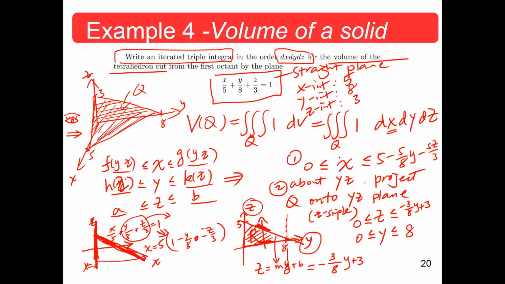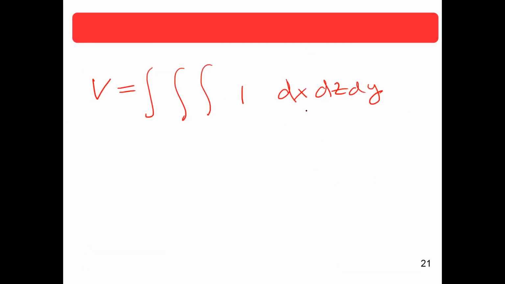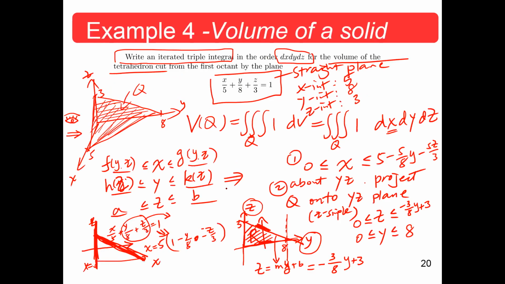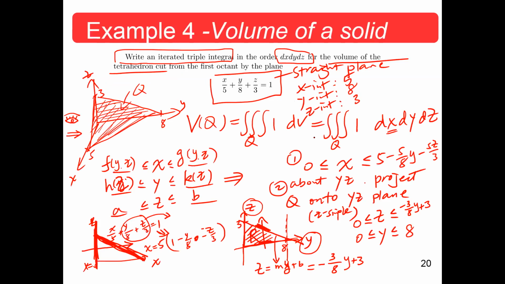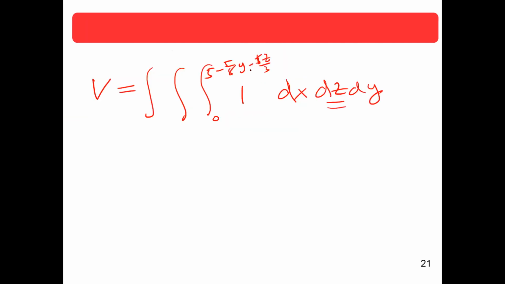So if I do this, then my x will be between 0 and 5 minus 5 over 8 y minus 5z over 3. And my z would be between 0 and negative 3/8 y plus 3, and y would be 0 and 8.